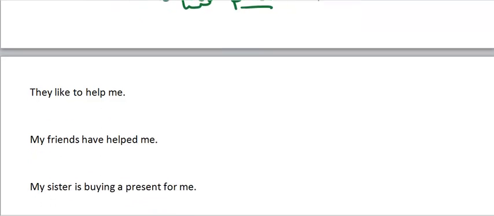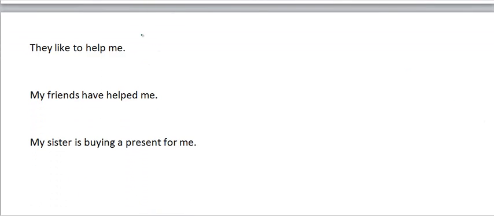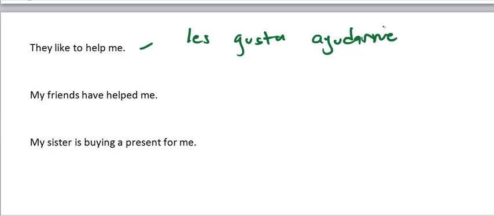Next example. They like to help me. Let's see how many options we have here. They like, les gusta to help, ayudar, and ayudar is an infinitive, so we can say ayudarme as a single word, right?